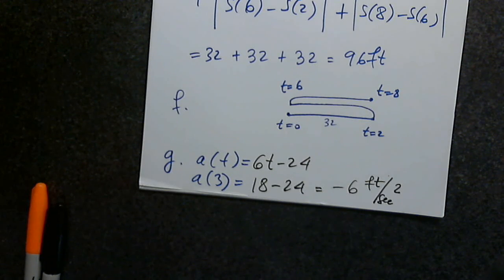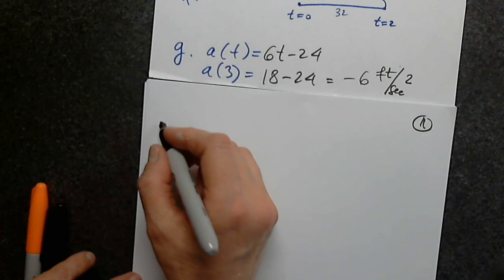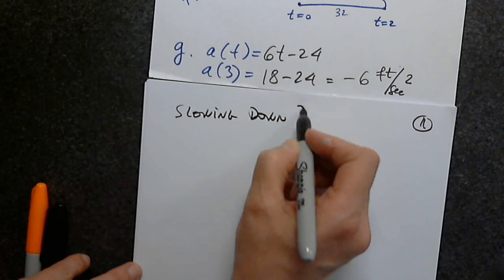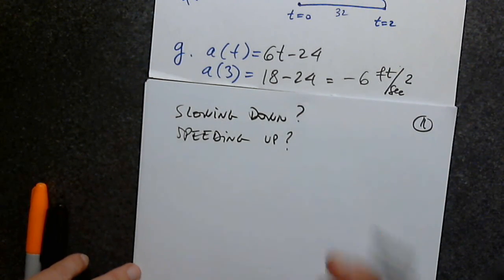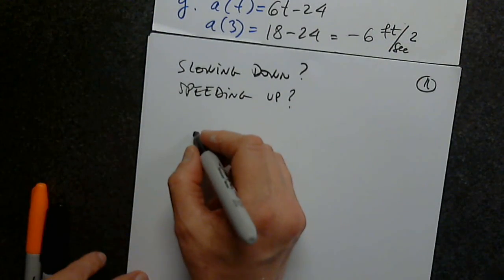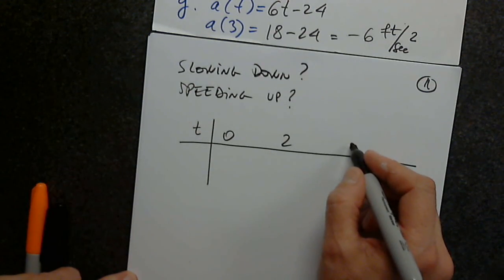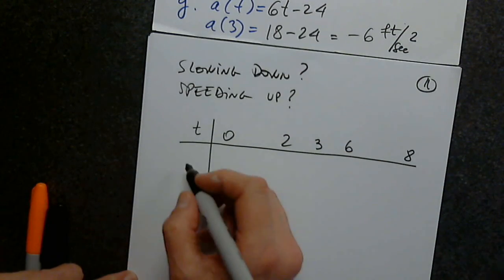Final question here. When is the particle speeding up? When is it slowing down? Now this is an important table. I know, me and my tables. So slowing down, speeding up. Okay. So I have t from 0 to 2, 4, 6, 8.